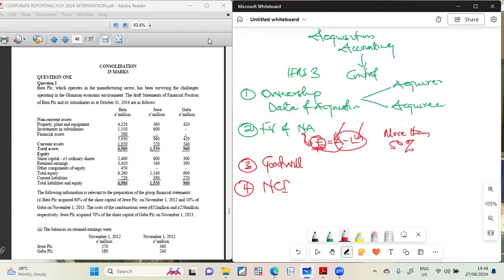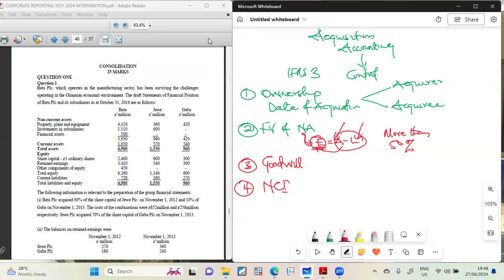More than 50% means 50 is not inclusive. 50 and above would mean when you have 50, somebody also has 50, and you can't control the person. So you have to have more than 50 to be able to control the person. Okay, very good.